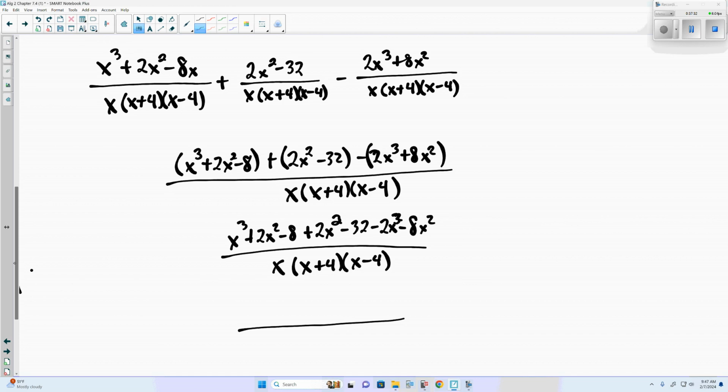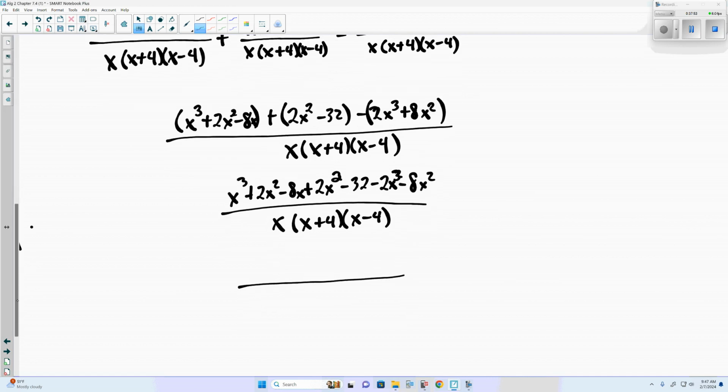First one, negative 8. Shouldn't there be an x after it? Yes, thank you. And unintentionally, that's also why I don't like trying to do too many steps at once, because that right there is very easy to do. Yes.